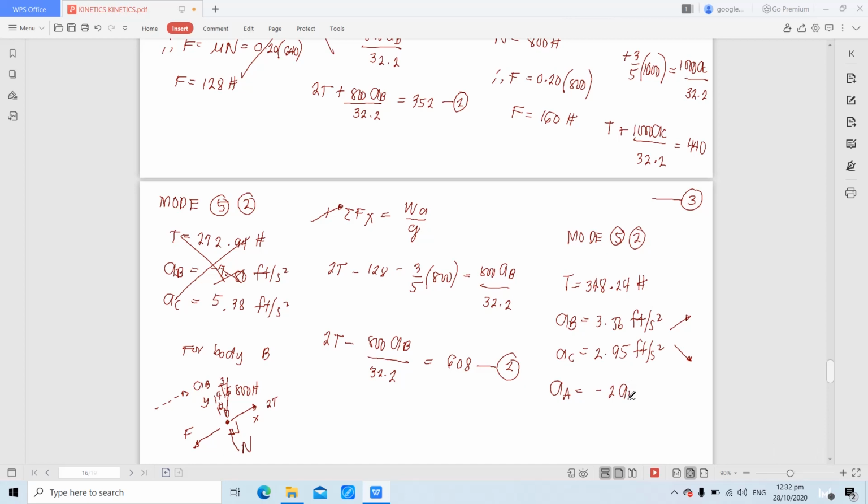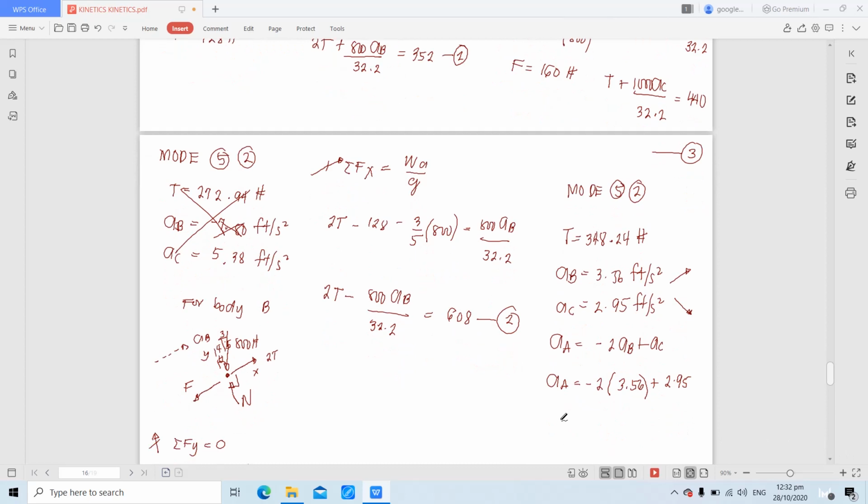Substituting, that will be negative 2 times AB, 3.56 plus 2.95. And you will get acceleration of A, which is negative 4.17. Okay, negative yung acceleration ni body A.